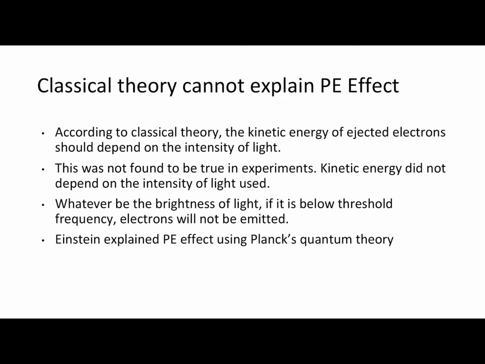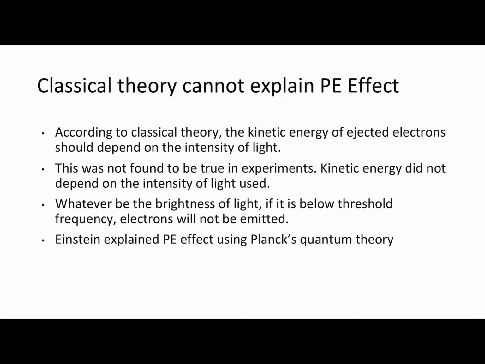Each quantum has energy equal to h nu, where h is Planck's constant and has value 6.626 times 10 to the power minus 34 joule second, and nu is the frequency of light. Einstein explained the photoelectric effect.